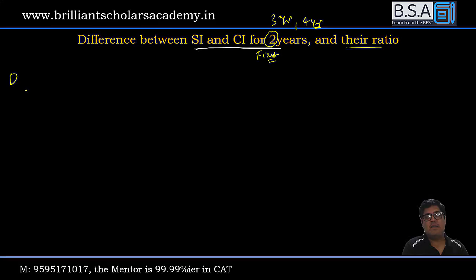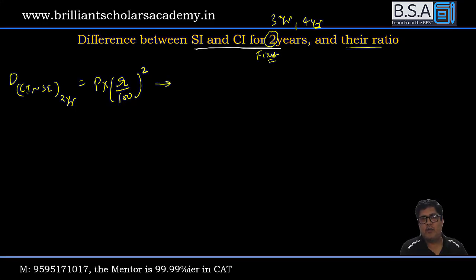The difference between CI and SI for 2 years is given by P multiplied by (R upon 100) whole square. P multiplied by (R upon 100) whole square. Let us say you are curious, how did we reach this conclusion?